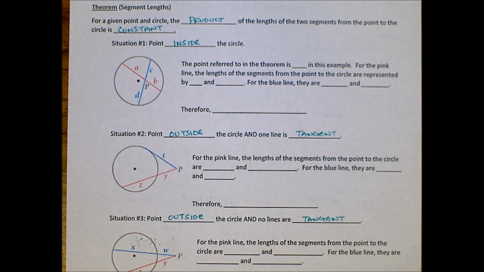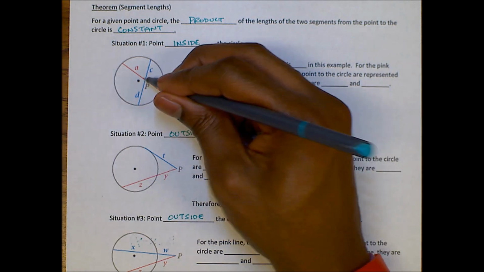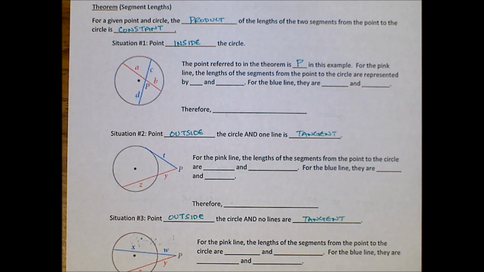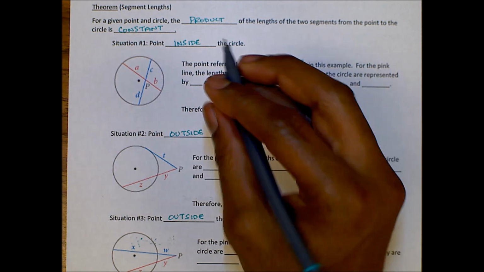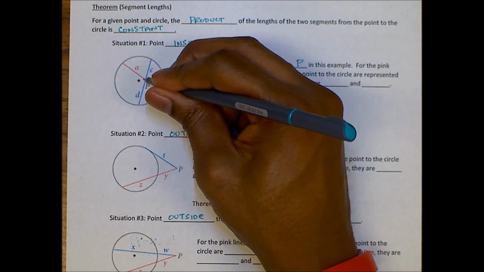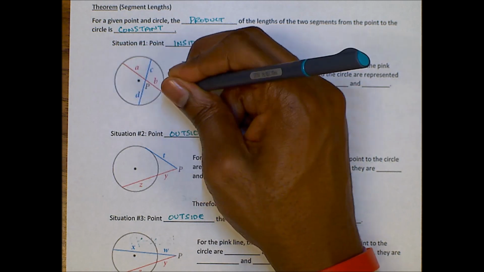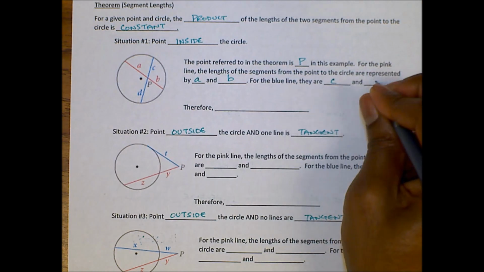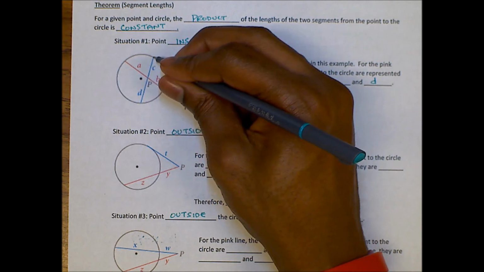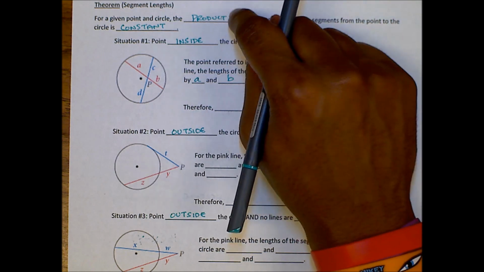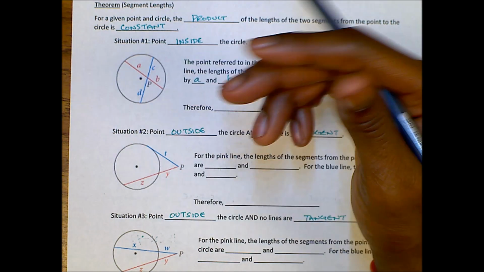Okay, so here's what this theorem says. If we're talking about point P, for the pink line, the lengths of the segment from the point to the circle are represented by A and B. Basically, from P to this edge of the circle is A, from P to this edge of the circle is B. And for the blue line, C and D. Again, from P to this edge of the circle through C, this edge of the circle through D. This theorem says the product of the lengths to the circle have to be constant.